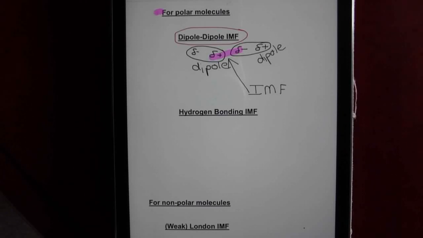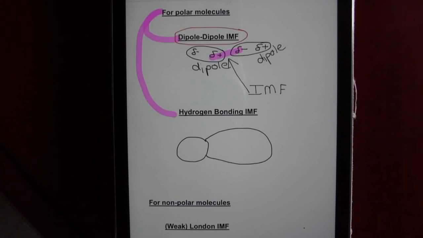So we already said that for polar molecules, it's either going to be dipole-dipole or hydrogen bonding. Now, hydrogen bonding is just a special dipole-dipole, like I've already mentioned. What you will see is that it's hydrogen always combining with one other atom. And these atoms are special.